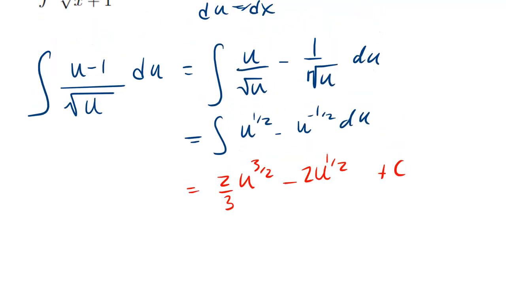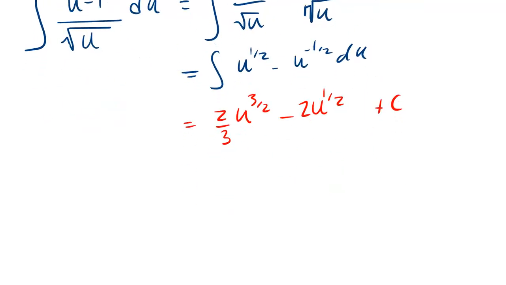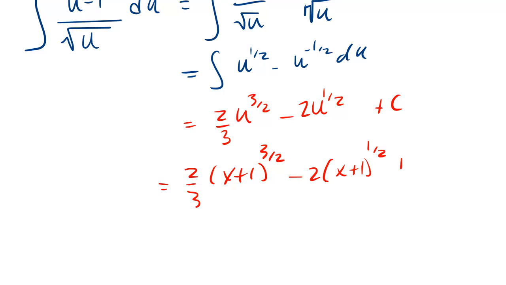And then all we need to do for the very last step is remember that u was x plus 1, and so we just copy down most of that, where it turns to x plus 1 to 3/2 minus 2 x plus 1 to the 1/2, plus the good old arbitrary constant.